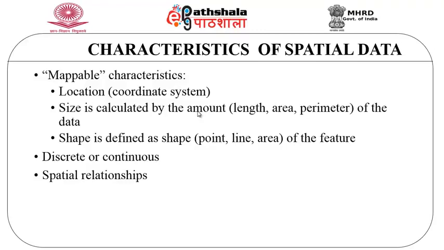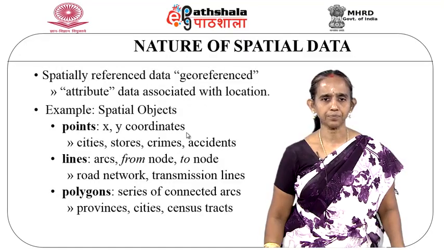The shape is defined as the shape of the feature, which is represented as a point, line or area. This kind of spatial data can be discrete data or it can be in a continuous form also. And there are various types of spatial relationships that are associated with this kind of spatial data.